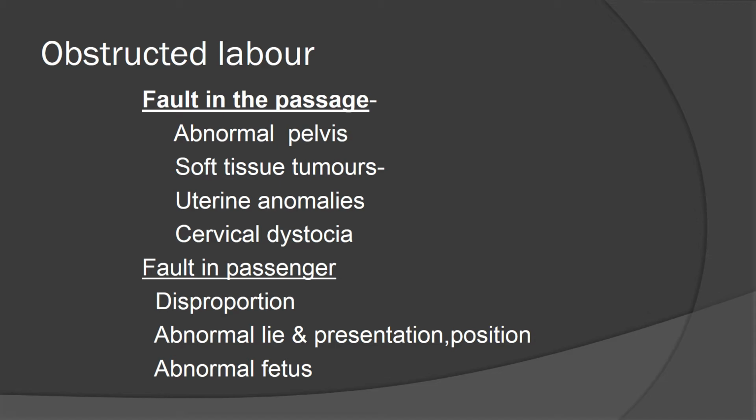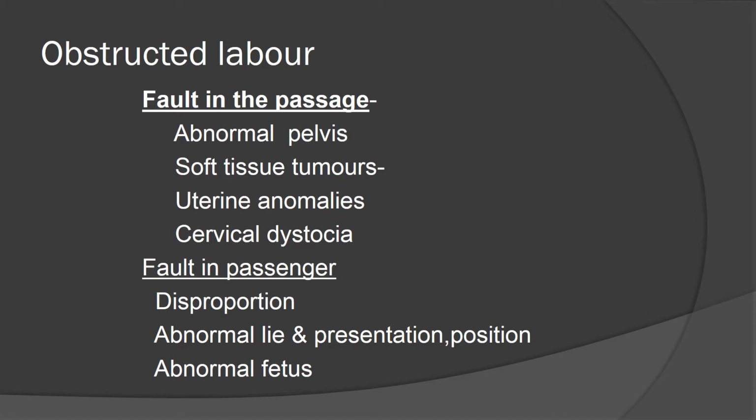A uterine anomaly like a rudimentary horn or one horn of a bicornuate uterus may fall into the pouch of Douglas, again obstructing the progress of labor, acting as a mechanical obstruction. Or in rare cases, the cervix may be so fibrous it fails to dilate and forms an obstruction to the descent of the fetus.